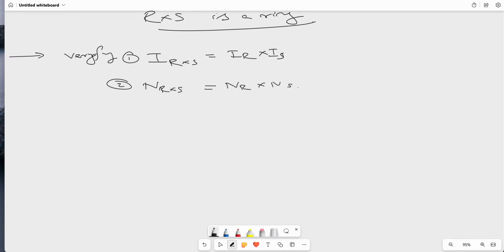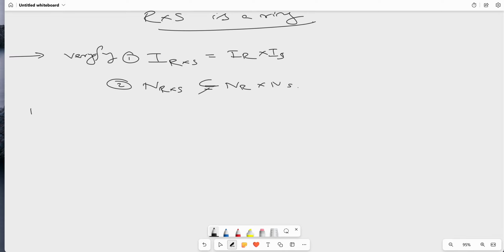Verify. I guess this second one is properly contained, so I guess this cannot be equal. Let me verify the second one.